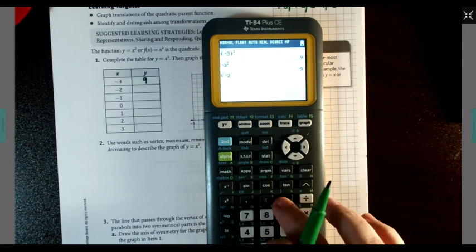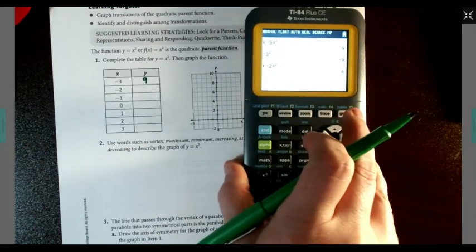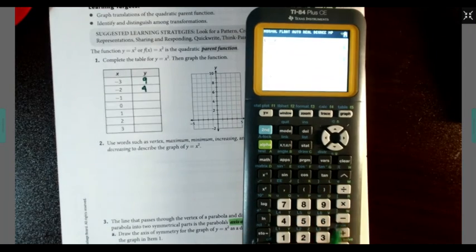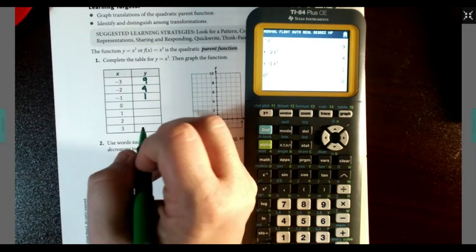We're going to say -2 squared is 4. -1 squared is 1. 0 squared is 0.